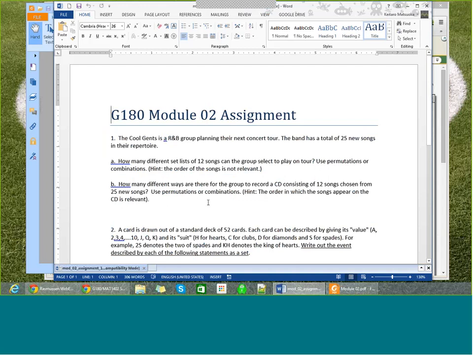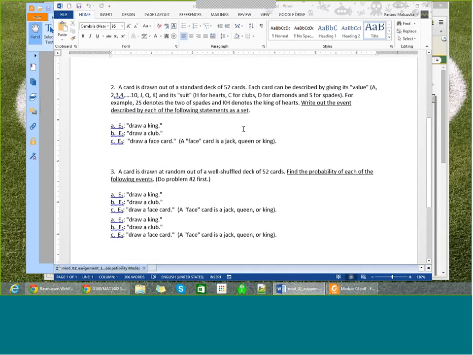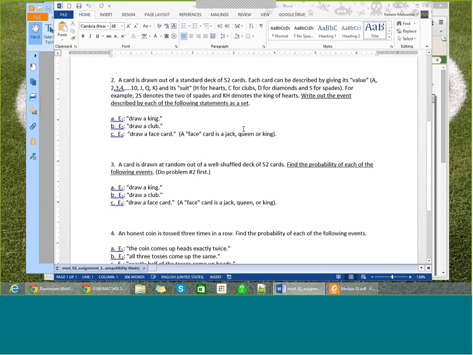I talk about this at the very end of the slides. Permutation and combination, I talk about that from last week. If you have any questions, email me and I'll point you in the right direction. I'm going to be doing 2, 3, and 4 in more detail.